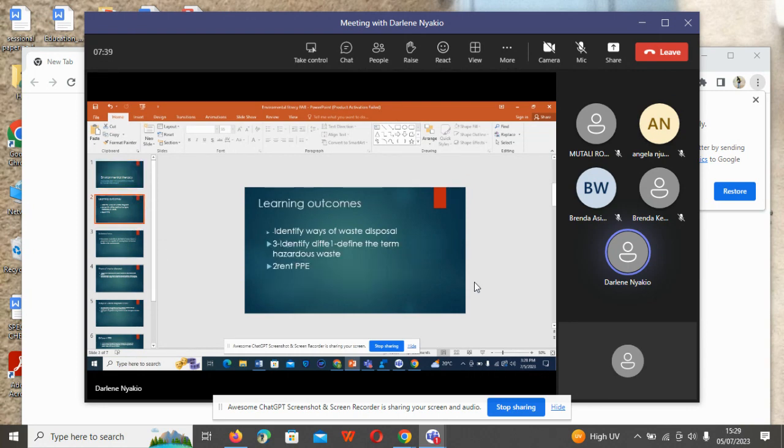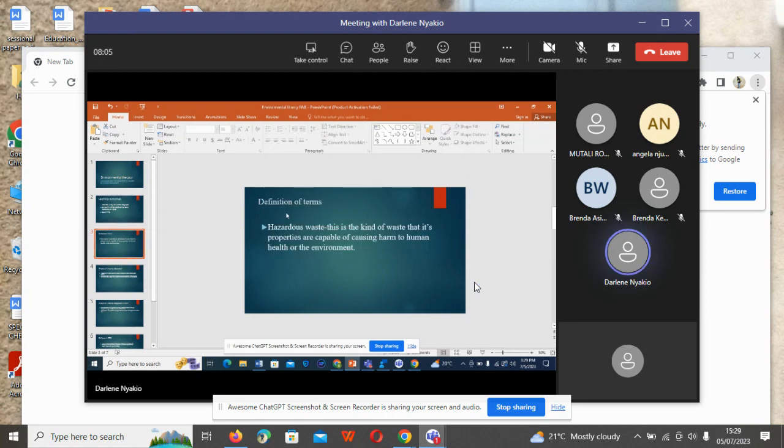By the end of the lesson, you will be able to identify ways of waste disposal, define the term hazardous waste, and identify different PPEs.